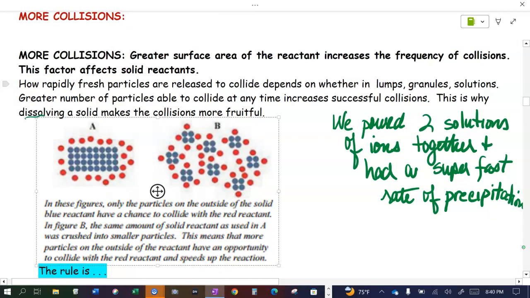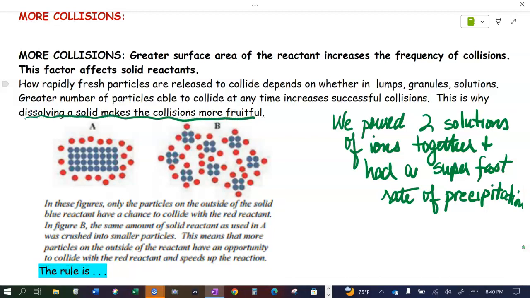So we are responding to this idea that, yes, we could agree that dissolving a solid makes the collisions more fruitful because this is what we saw in our experiments. All right, another way of doing it is to see how the particles able to react are these red particles.